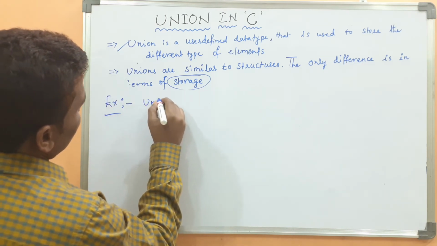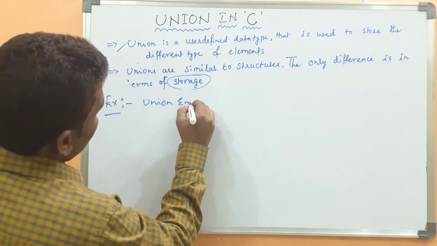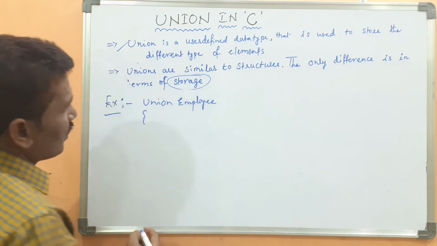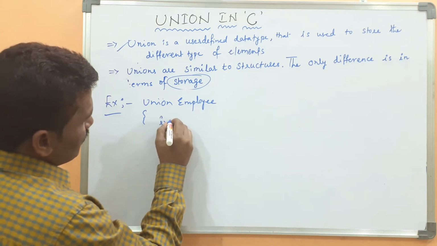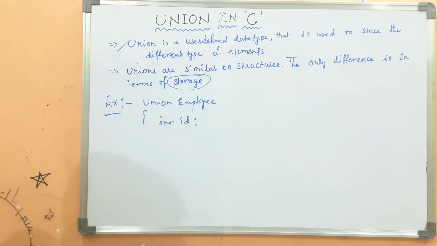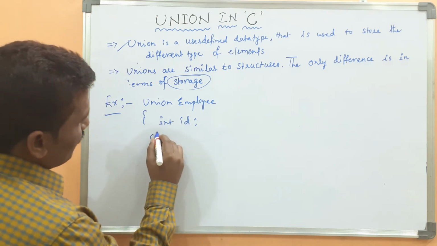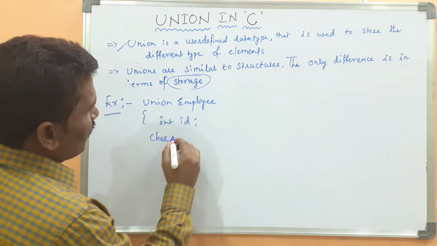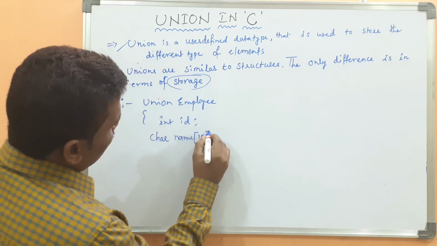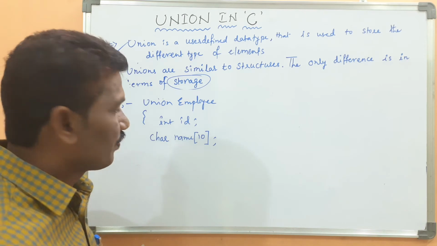So then I will write the example. Union employee: int id; char employee name of 10.